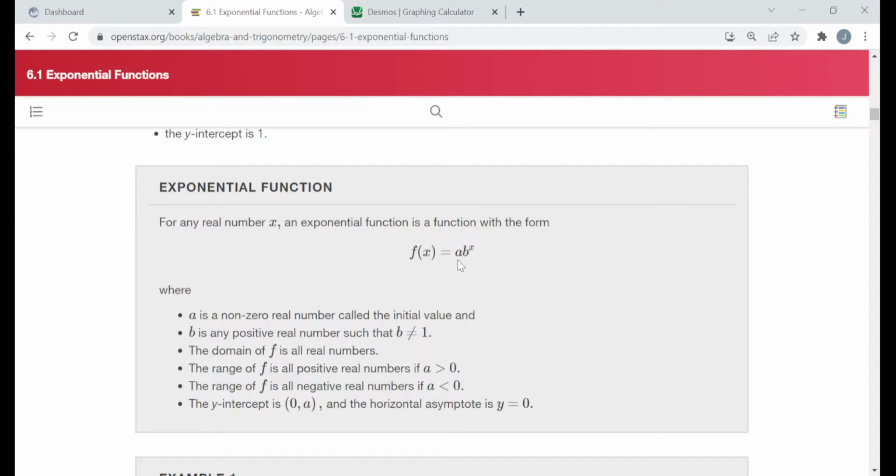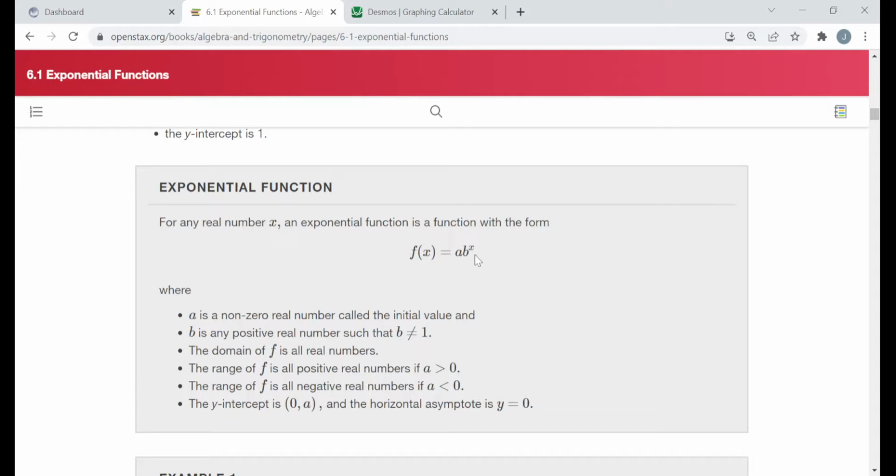It's the output when x is 0. Very often the exponent x is representing time, might even be represented by the letter t. And when time is 0, that's when you have your initial value a.